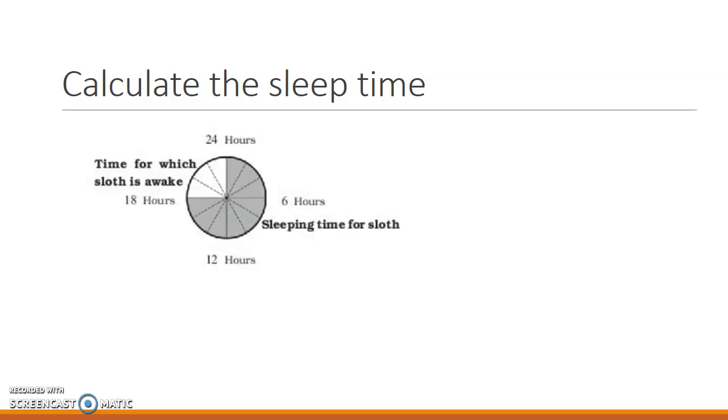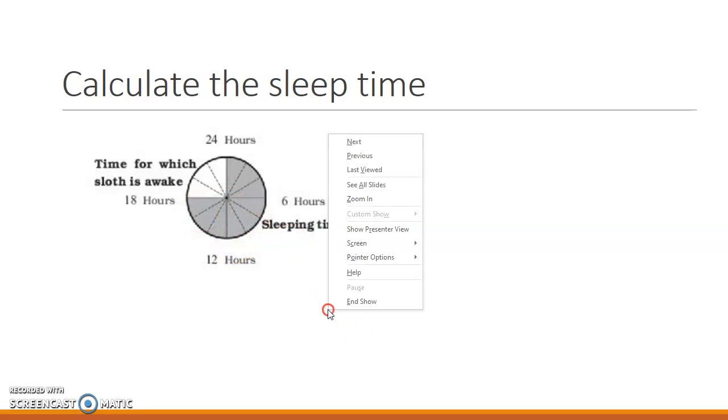Now, here is how to calculate the sleep time of an animal. The circle here shows the 24 hours of a day. This circle is divided into 12 equal parts.